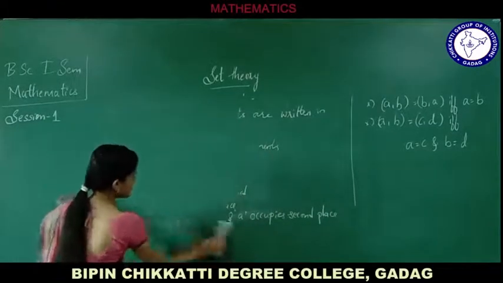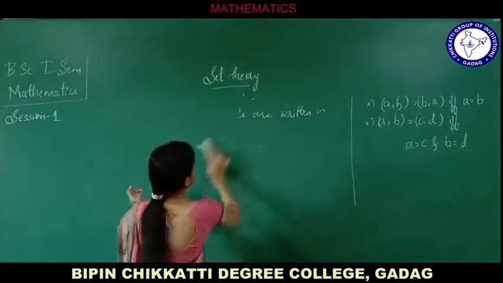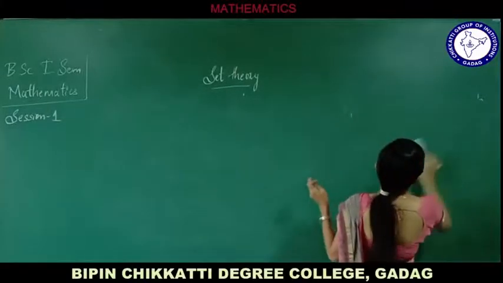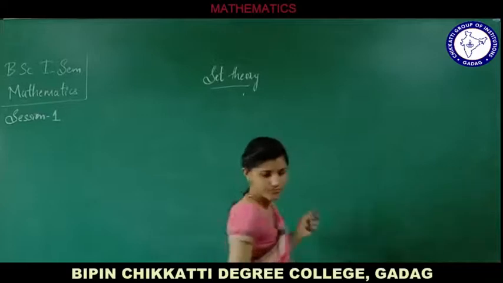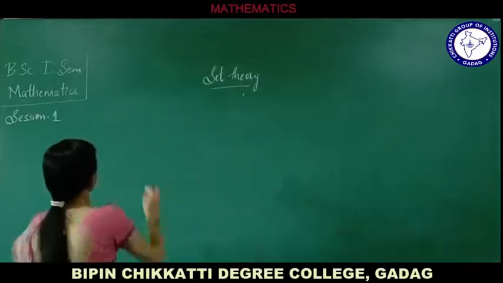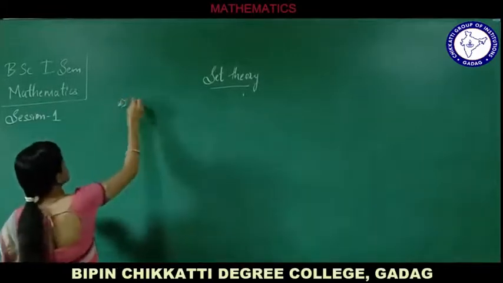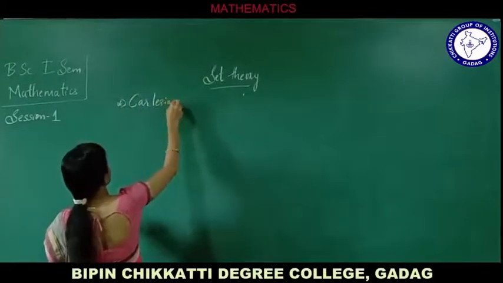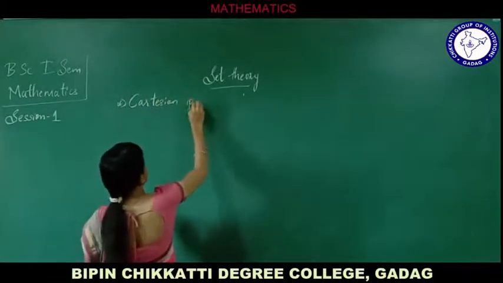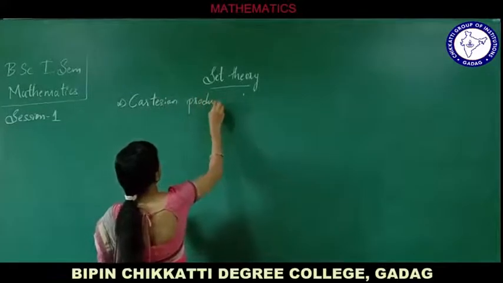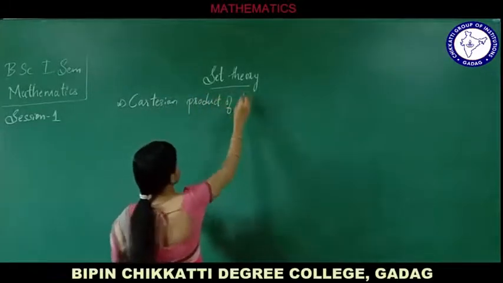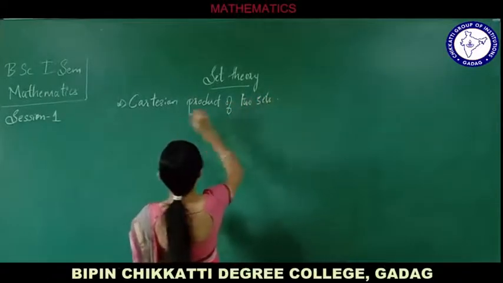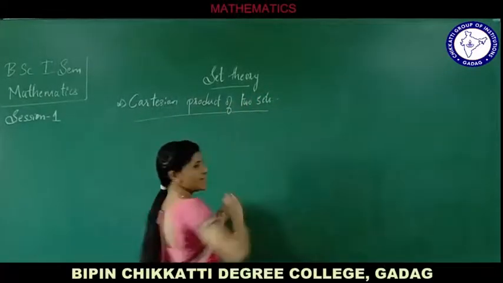Cartesian product of two sets. Let A and B be any two sets.